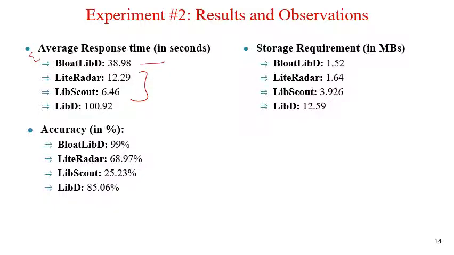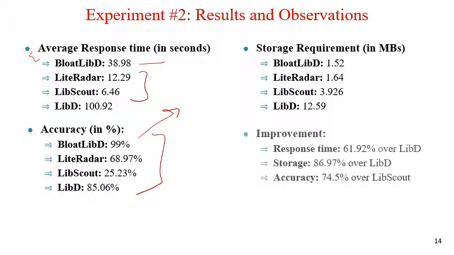If you see over here, blotlibd has 99% accuracy, and in comparison LightRadar has 68.97%, whereas LibScout has 25.23%. So essentially accuracy is very important for us. We need the output to be correct. So in those terms, blotlibd surpasses the other tools which exist.